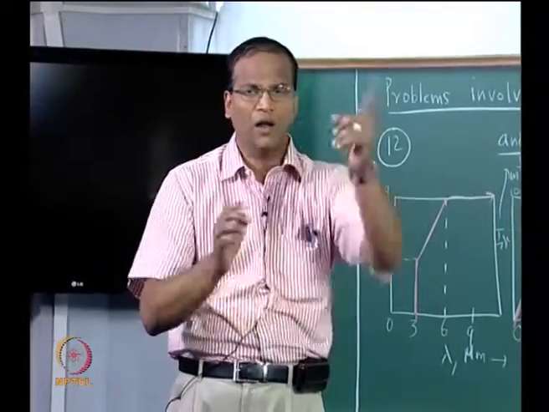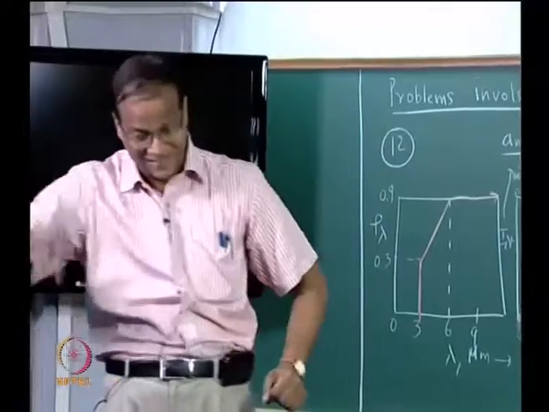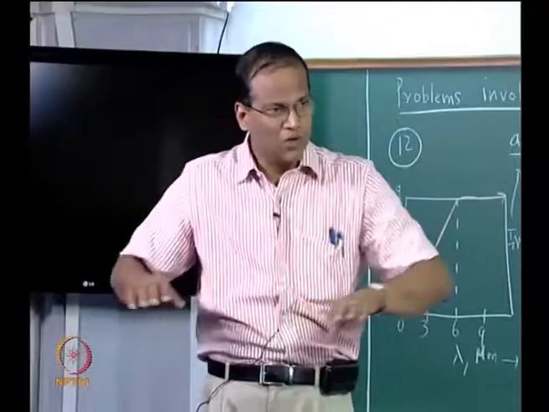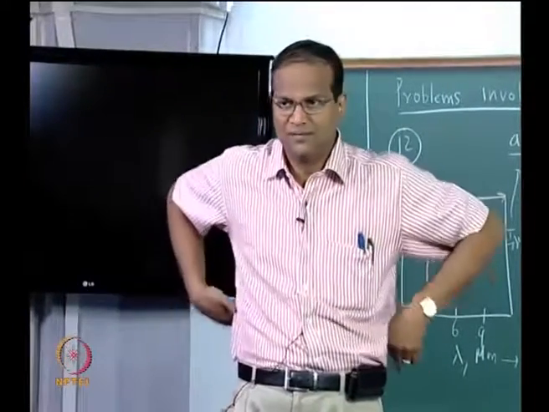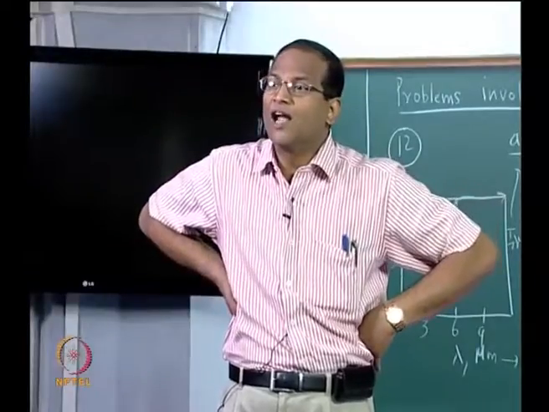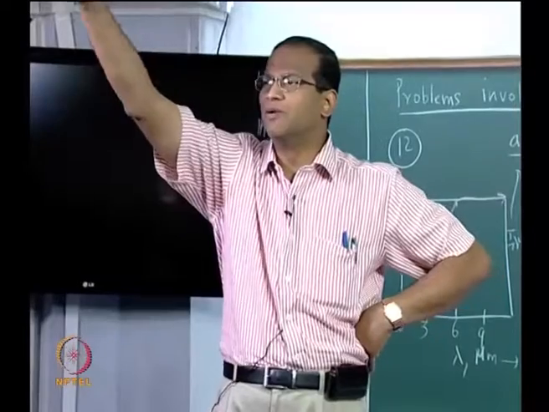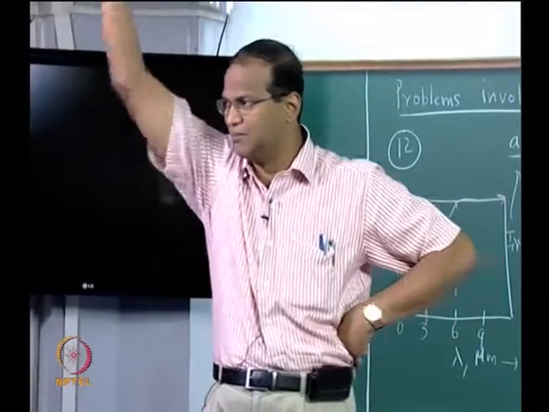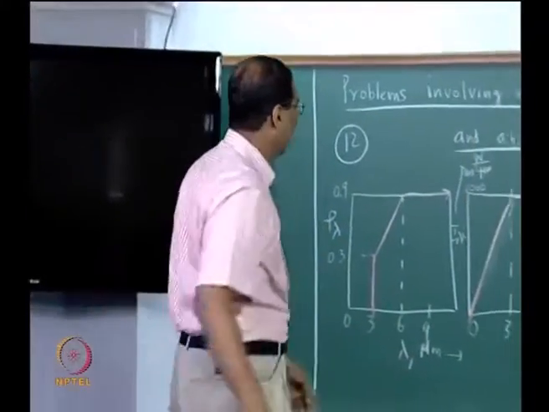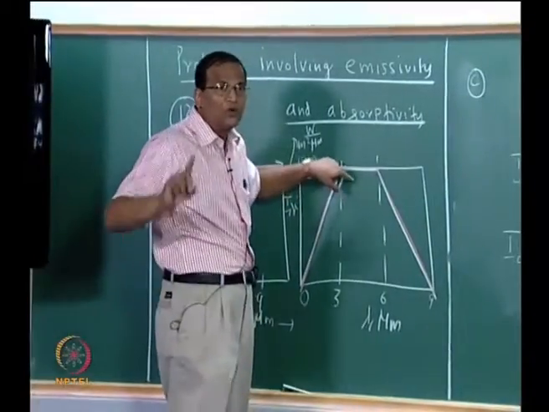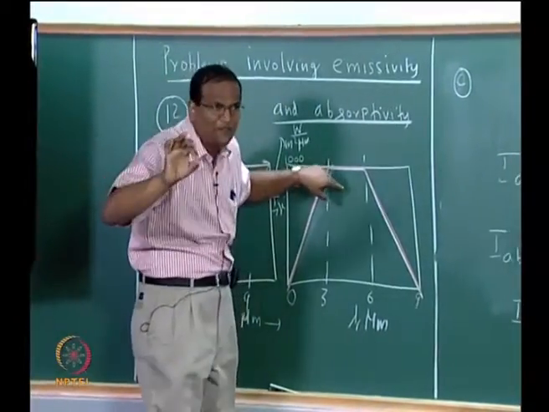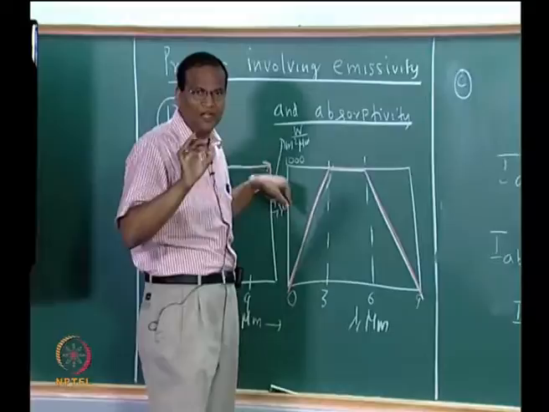Specify the temperature. You need to specify the temperature of that surface, because the emissivity is a function of temperature. But if I want to calculate the alpha, one of two things I have to tell: either I should tell you that it is from a grey body or a black body at some temperature, or I should give you some story like this. So you must understand what is the critical information required to determine the property.